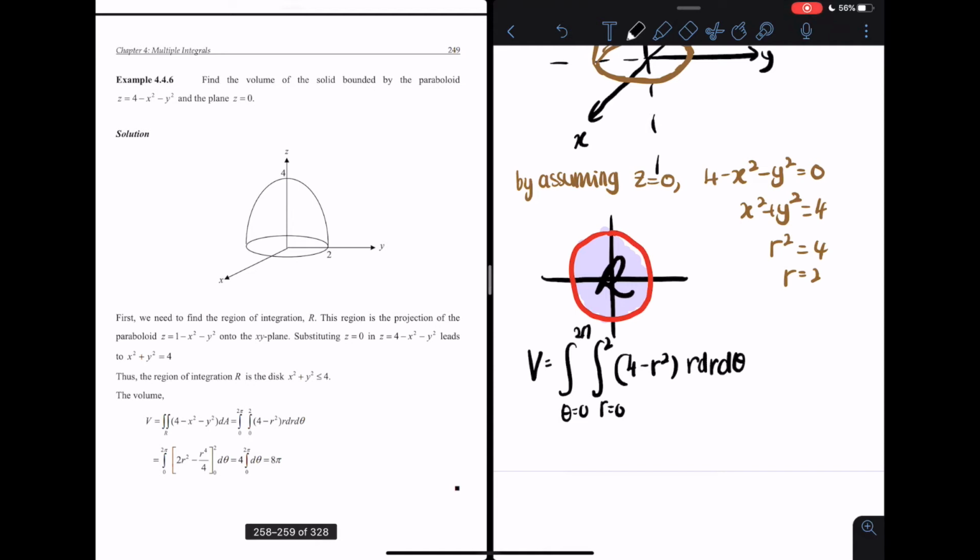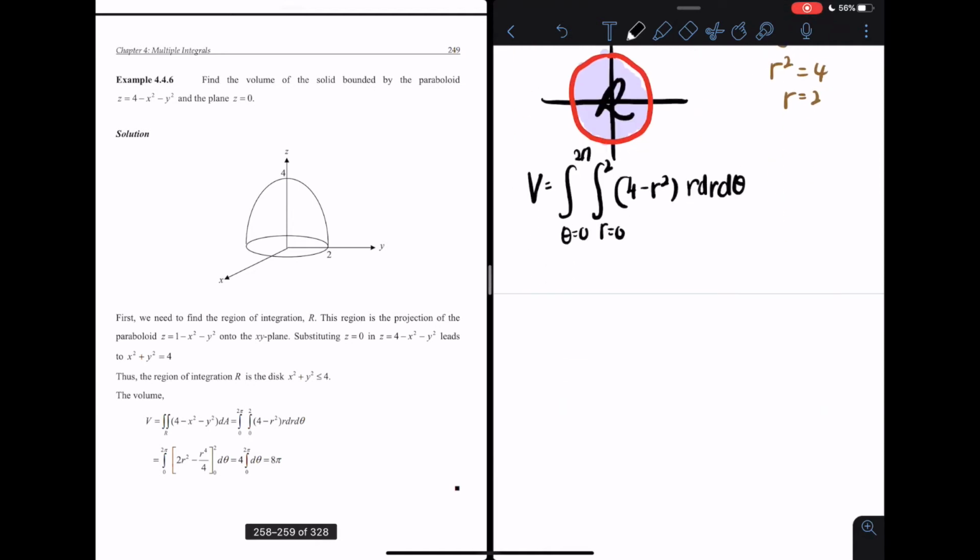Okay, let's try to solve this question together. So you will get 4r minus r cubed over 3, then you will evaluate it from r is equal to 0 until 2.